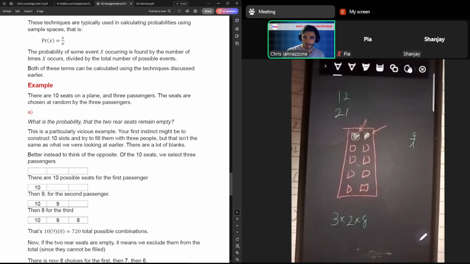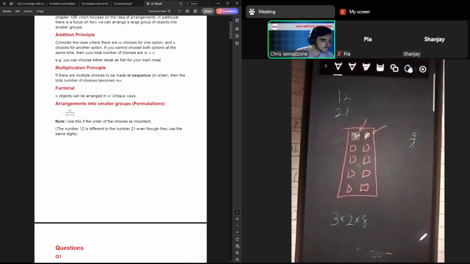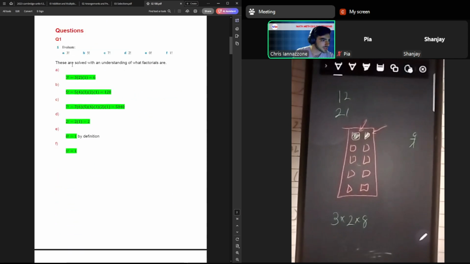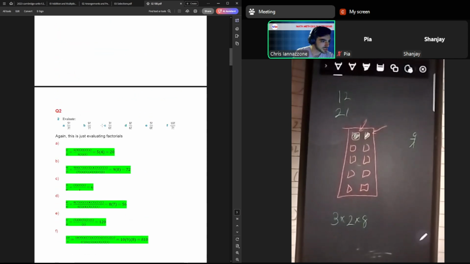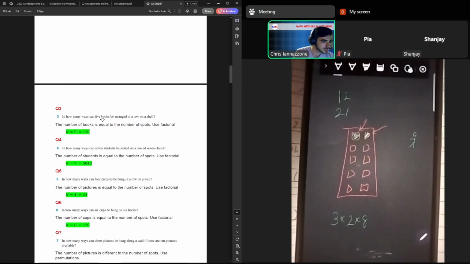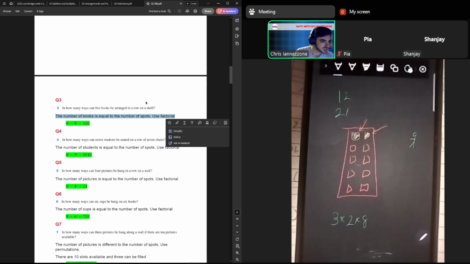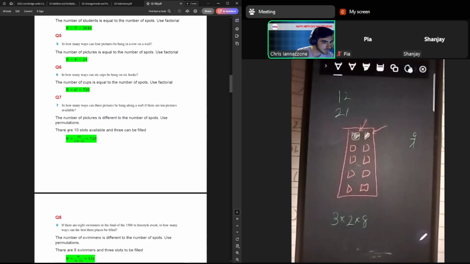I kind of do it framework-wise, so it's like here's the kinds of things I'm thinking about, and it's very repeatable. So I'll pull up one of the textbook solutions, specifically part B, arrangements, I think. You'll see some basic factorial stuff, and how you handle some of the simpler examples.